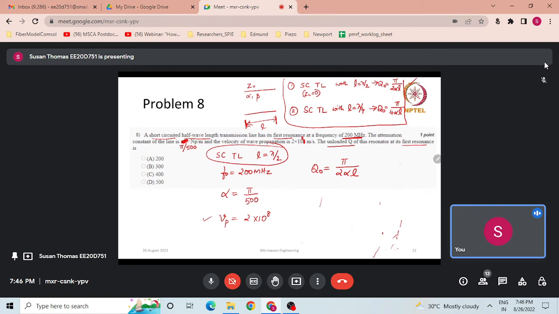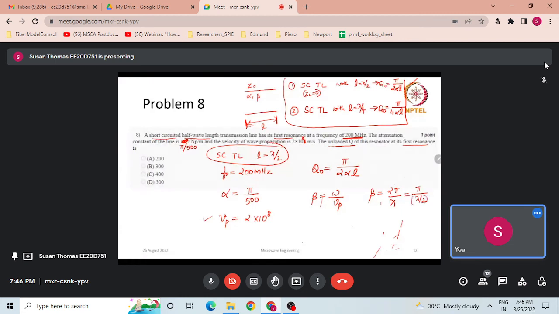We all know beta is omega by Vp, or we can also write beta is equal to 2 pi by lambda, and this could be written like pi by lambda by 2.